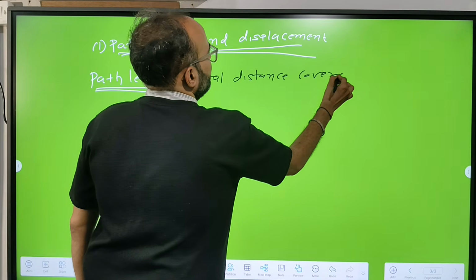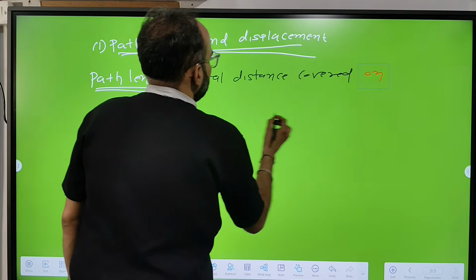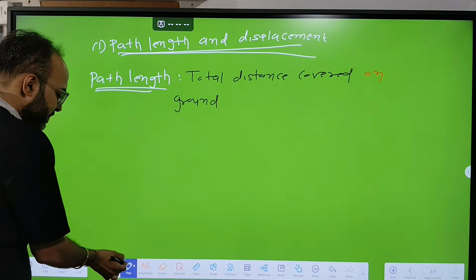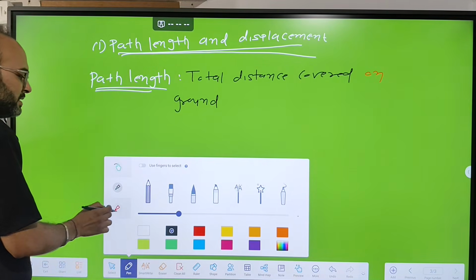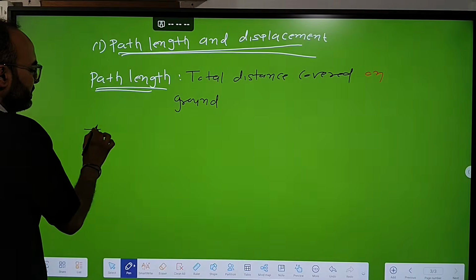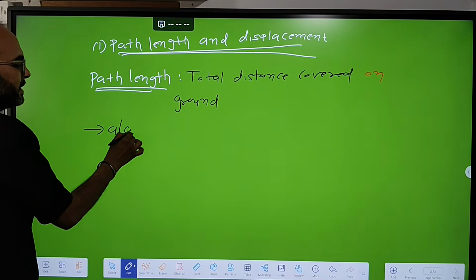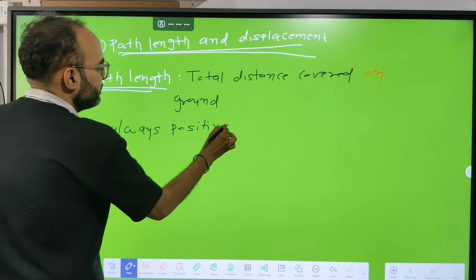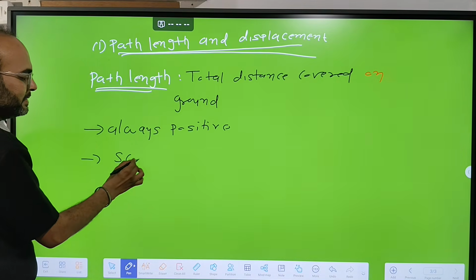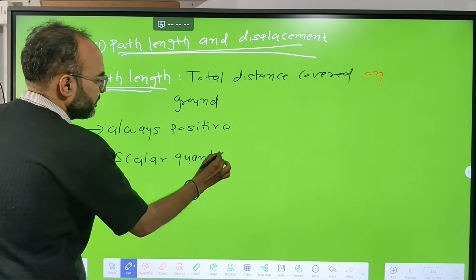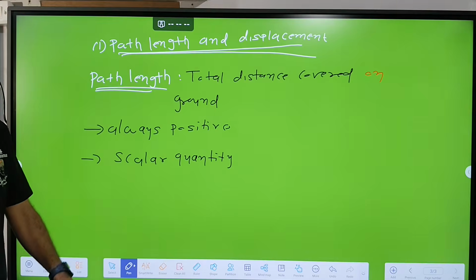Path length is known as total distance covered on ground. Path length is the total distance covered on ground. And always remember, path length is always positive, and path length is known as a scalar quantity.